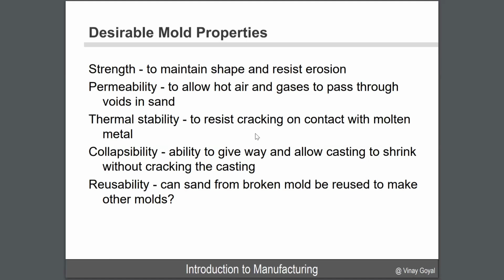Thermal stability is another thing we're looking for because we want to resist cracking. The thing you don't want is that when something touches your mold, it produces stresses that crack it. So thermal stability is so important. Collapsibility: you don't want your mold to resist shrinkage.